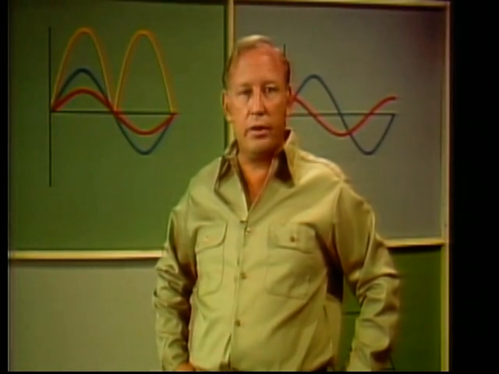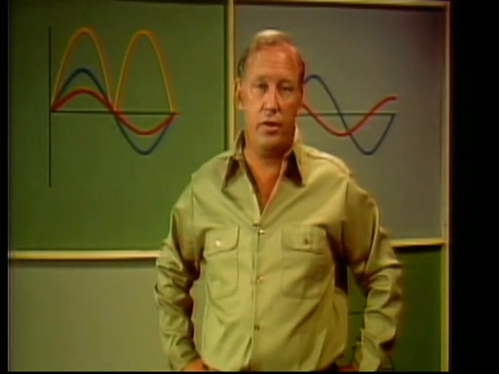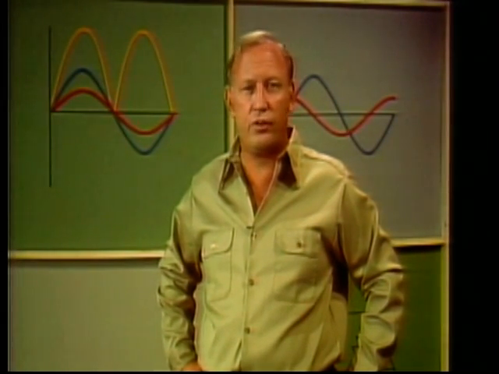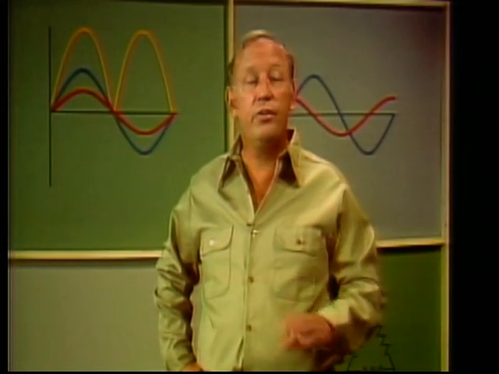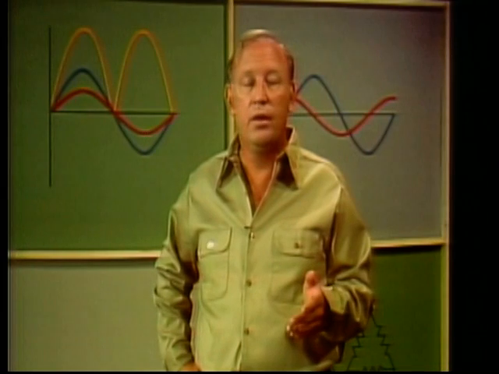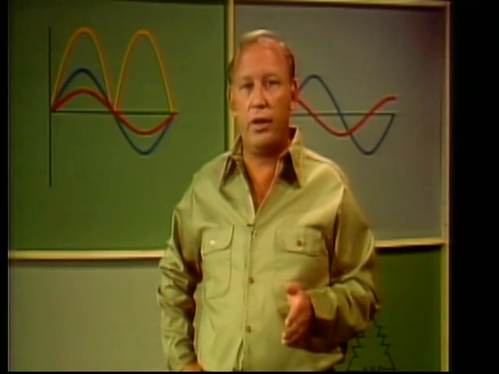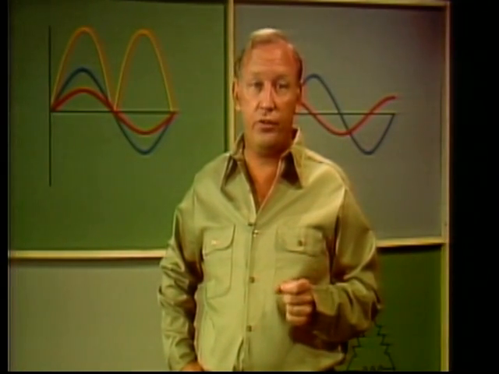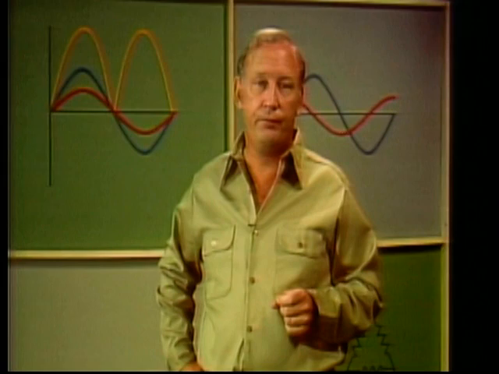Okay, we've been looking at what inductive reactance does to current. Inductive reactance, as I've said, is a measure of the current limiting effects of inductance in a circuit. Now let's see what inductance does to the relationship between current and voltage. Remember the current and voltage sine waves we examined in the last segment? The circuit that went with those sine waves only contained resistance as a current limiting factor.